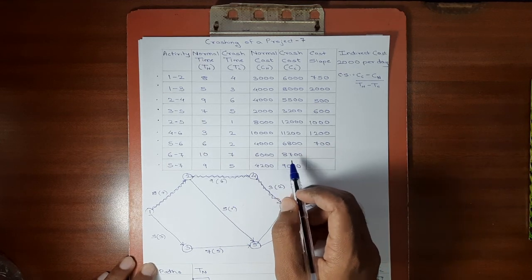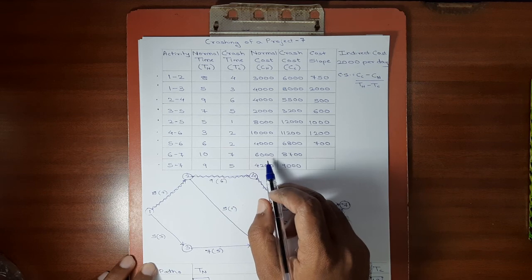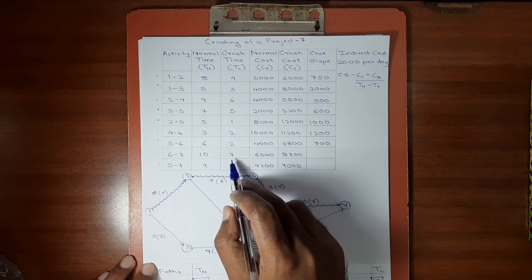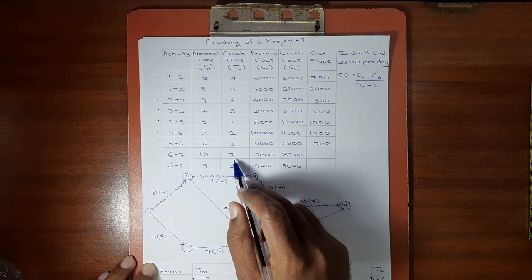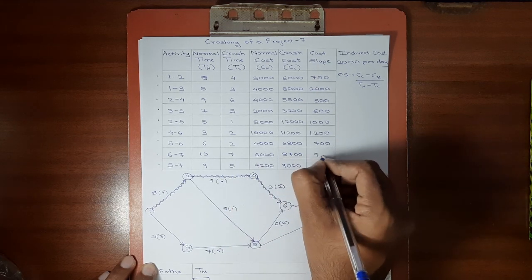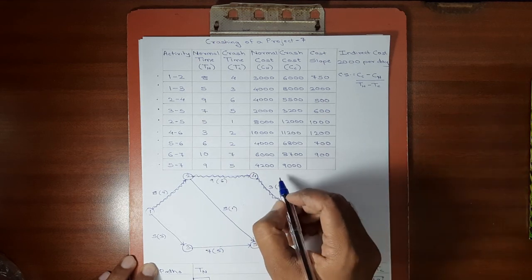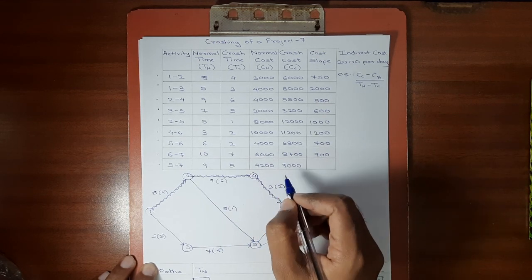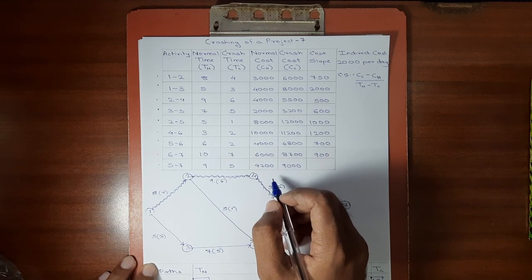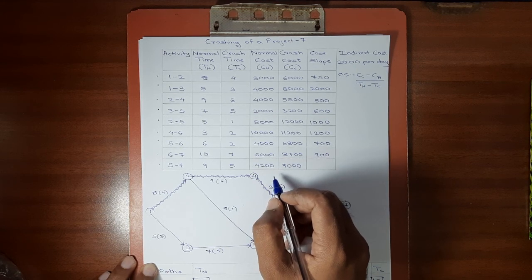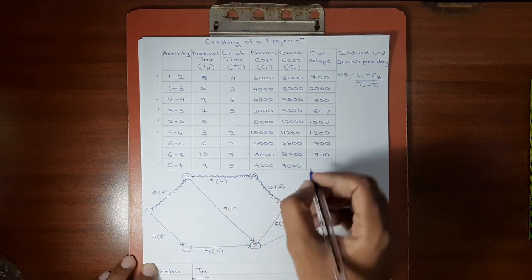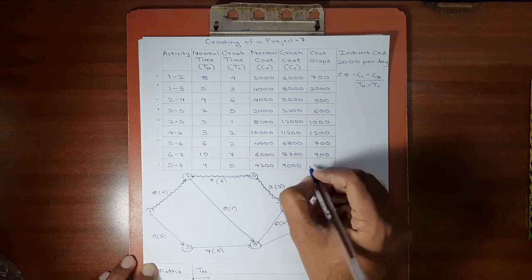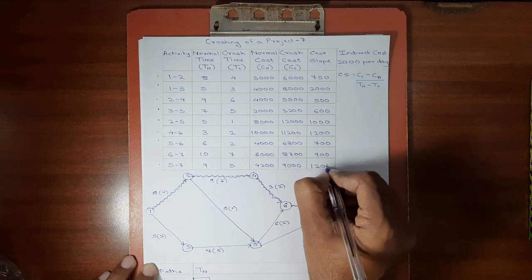Next is 8,700 minus 6,000 divided by 10 minus 7. 2,700 divided by 3, so the cost slope here will be 900. Next step is 9,000 minus 4,200, which is 4,800. 4,800 divided by 9 minus 5 is 4. 4,800 divided by 4, the answer is 1,200.